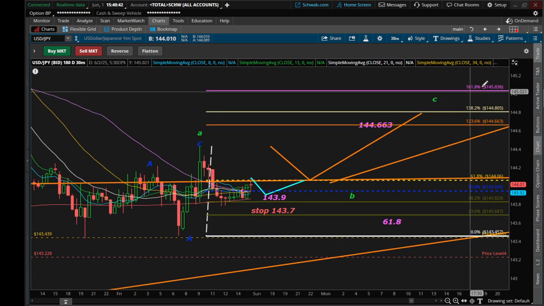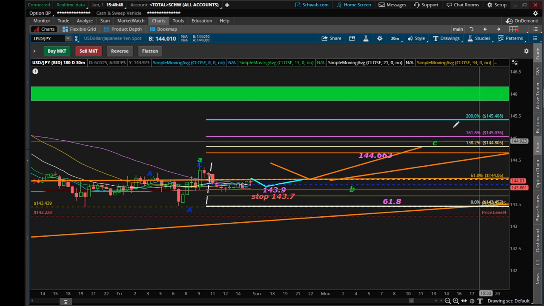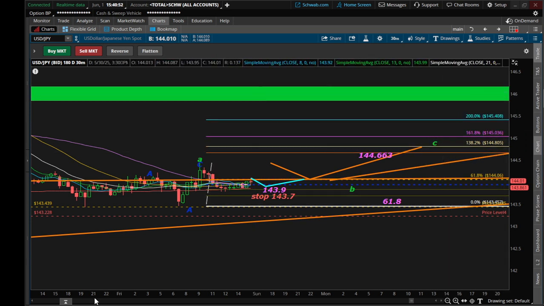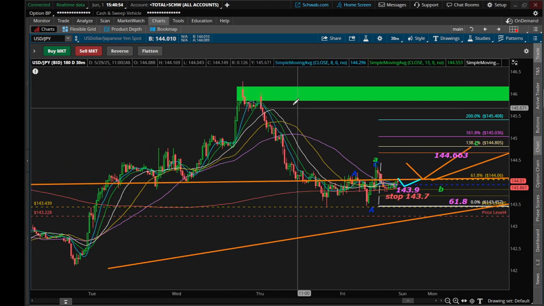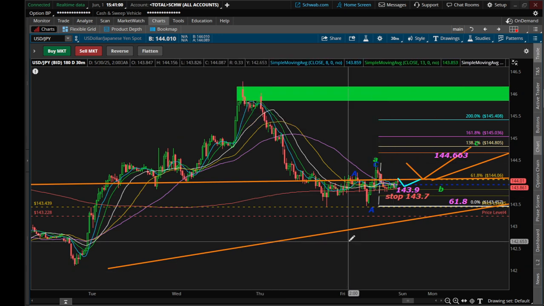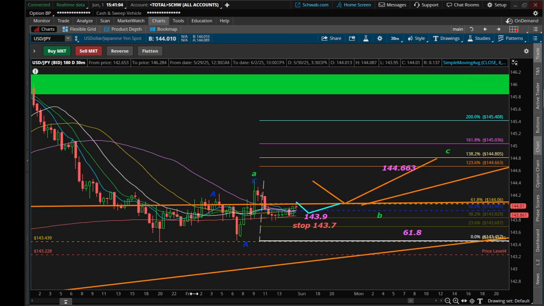The next one after that is 145.200, which would be the 145.4, and eventually we would hit our 146, would be the original target at 146.07. But that's as you're moving your stop loss up too.